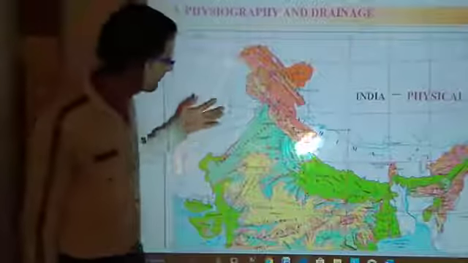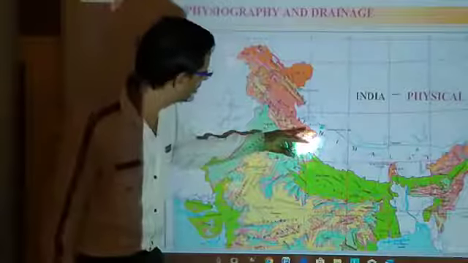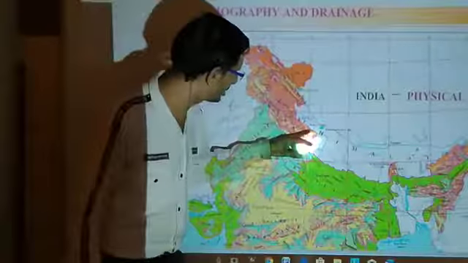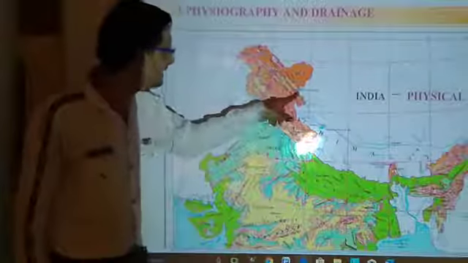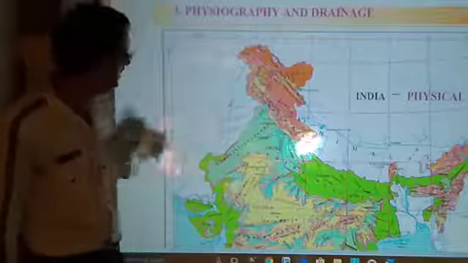You can see the physical map of India over here, with various types of rivers flowing in India. Some rivers are perennial. You can see Gangotri and Yamunotri, where the Ganga and Yamuna originate, and also the Satluj, Ravi and Beas. All these rivers are flowing over here.